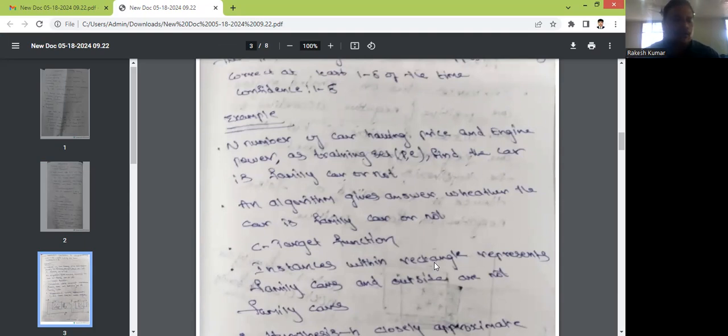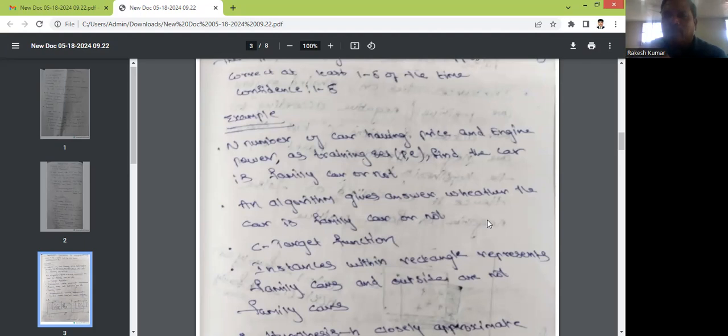We have to show this in a graphical representation. So here, n number of cars having price and engine power as the training set, find whether the car is a family car or not. An algorithm gives the answer whether the car is a family car or not.